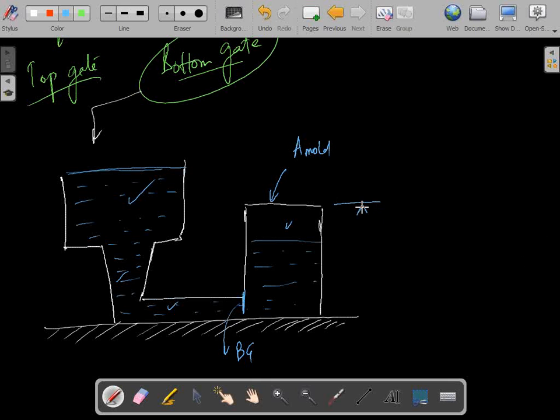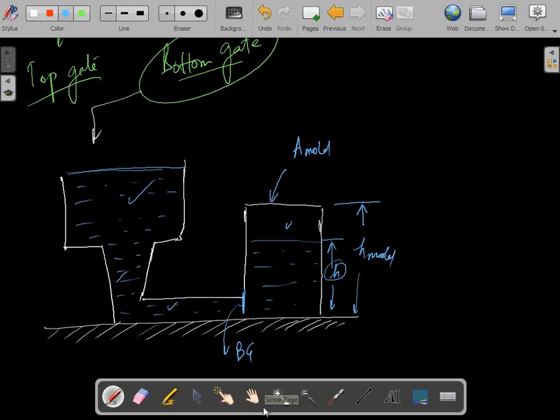This is the total height of the mold, and this is the height of the filled cavity at any time. It takes some time to fill up, and let us say at any intermediate time you have a mold cavity height of h.